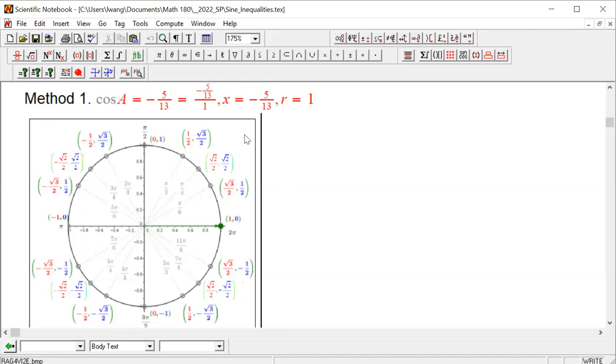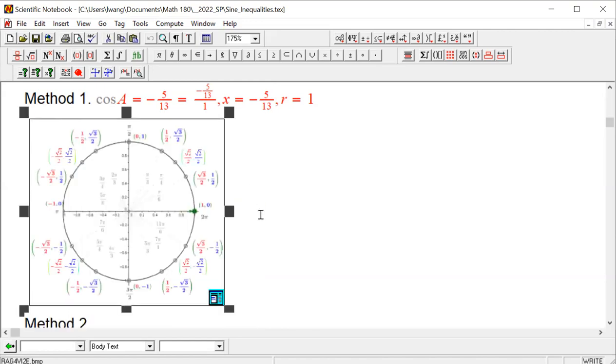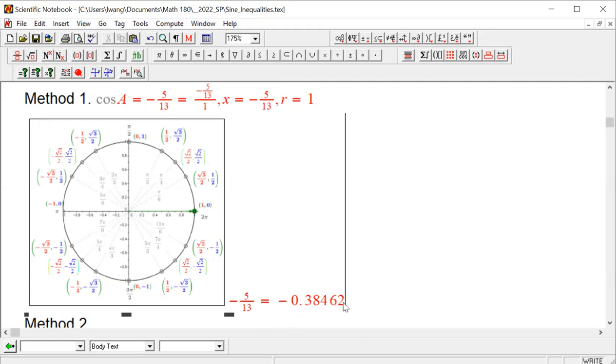Okay, so I'm going to put it here. Okay, negative 5 over 13. So it's about negative 0.384. Negative 0.384 is, and this red number is negative 0.5. And this is negative 0.7.